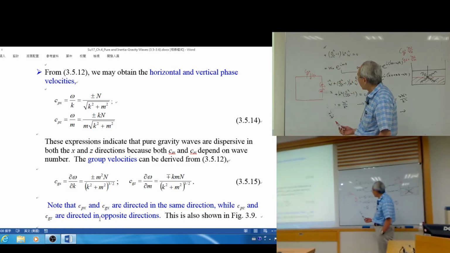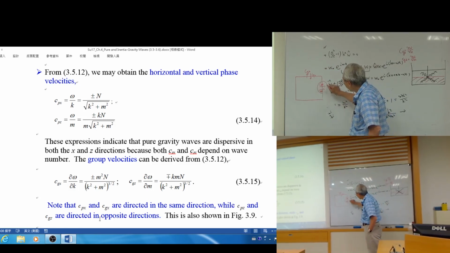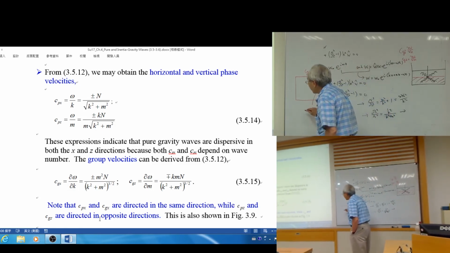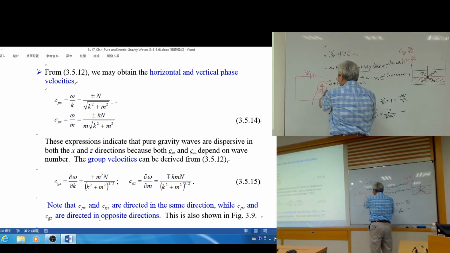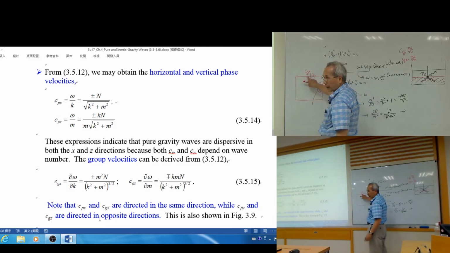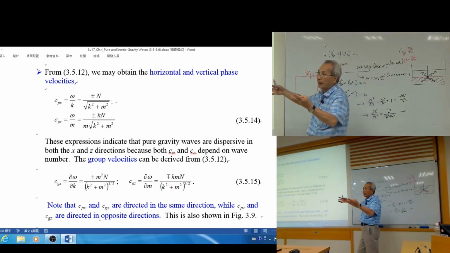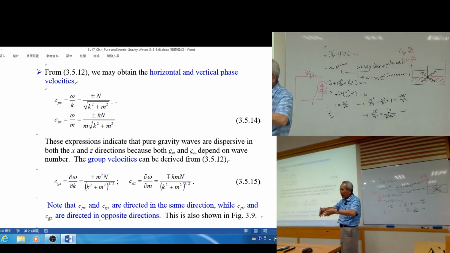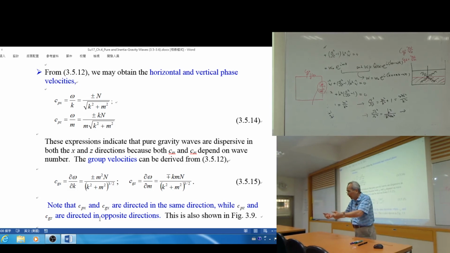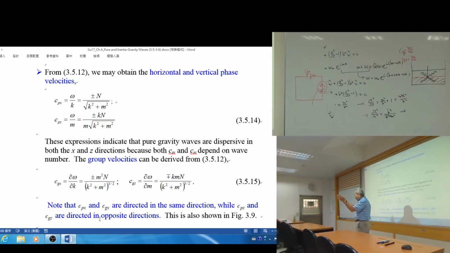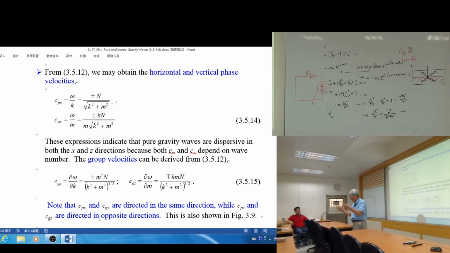So what does that mean? That means they are same direction. So horizontally, we can use the advection equation to advect energy out because they are propagating in same direction. Here you cannot. So you have to apply the sponge layer or upper radiation boundary conditions to take energy out from the disturbance generated within that domain, model domain.